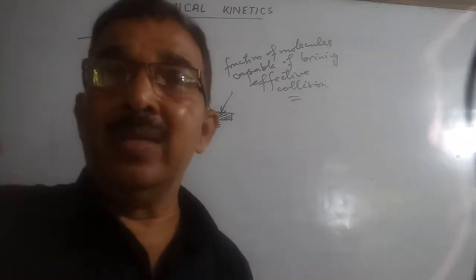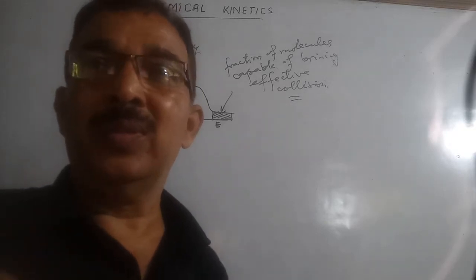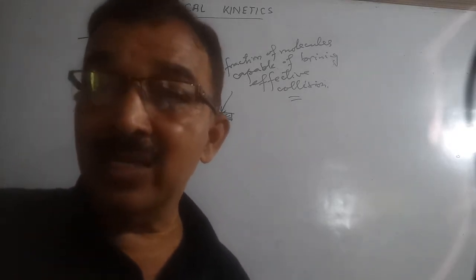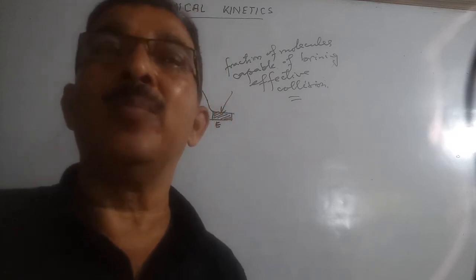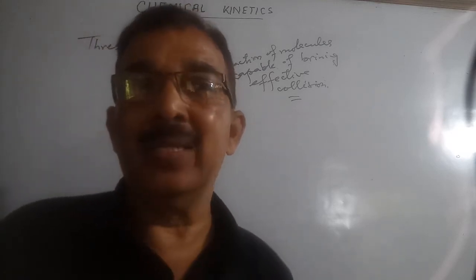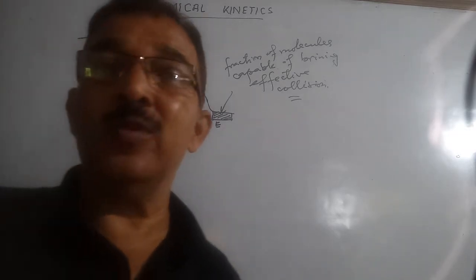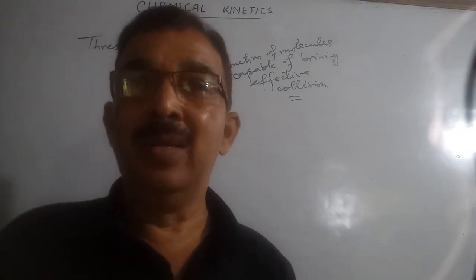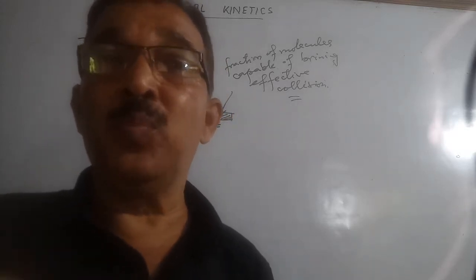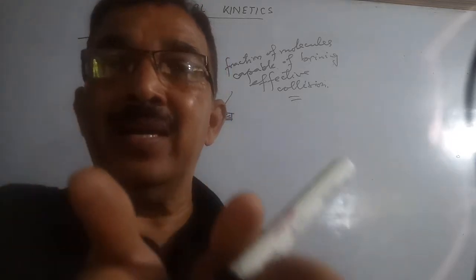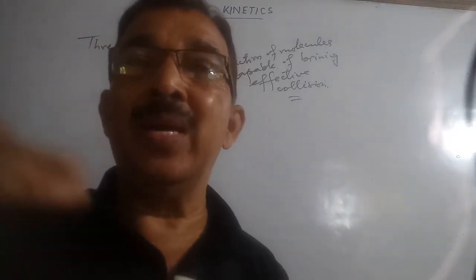So, in this graph, E corresponds to the threshold energy for effective collision in a hypothetical reaction. There is an energy barrier for each reaction. The reacting species must be provided with sufficient energy to cross the energy barrier.